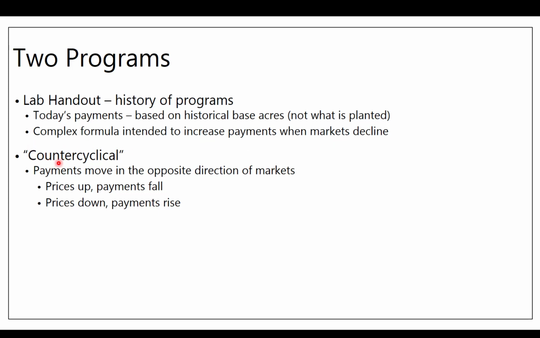And we have a term for that. We call it countercyclical. Counter means against or opposed, and cyclical just means in a cycle. So if markets are cycling up, then we expect payments to be cycling down. Prices up, payments fall, and vice versa.